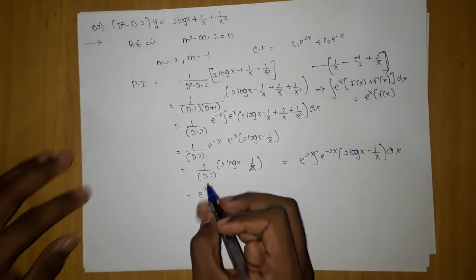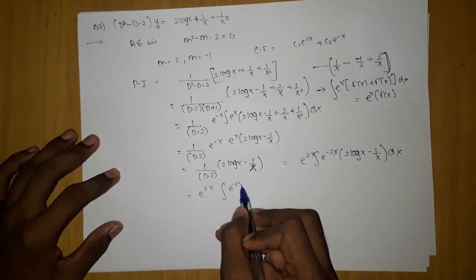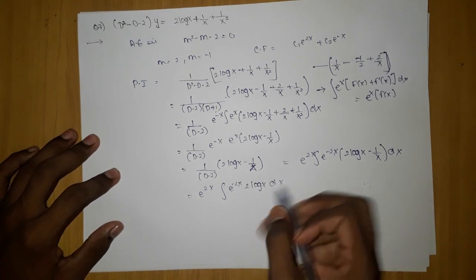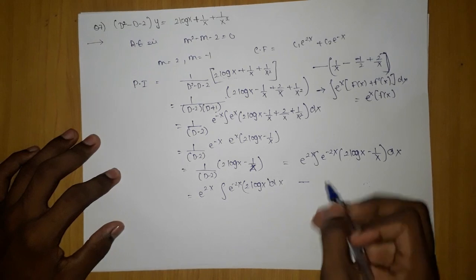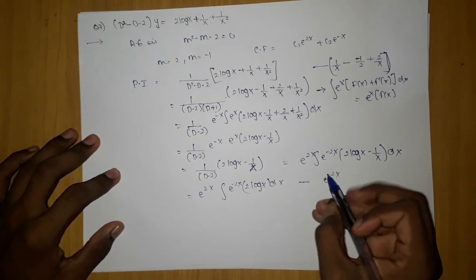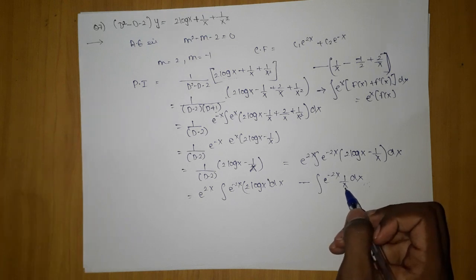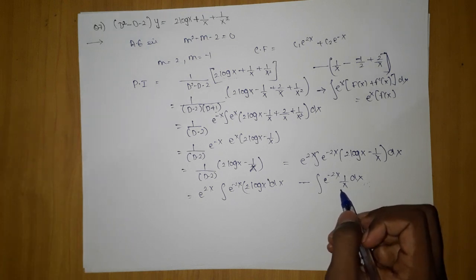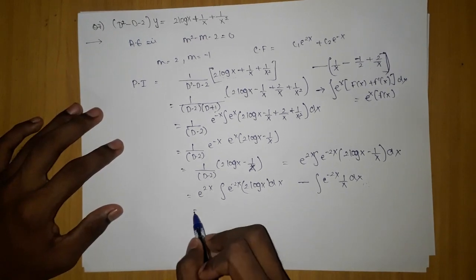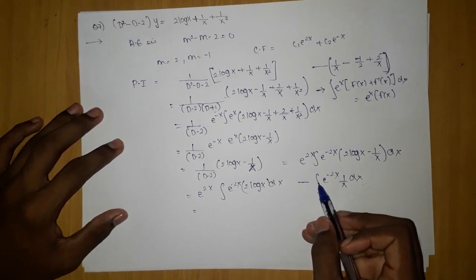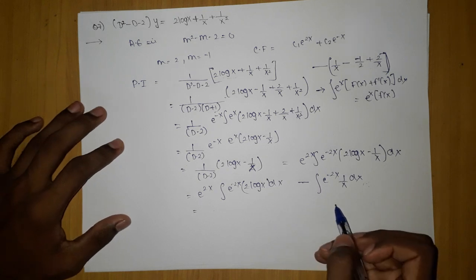Multiplying this, we get e to the power minus 2x into 2 log x into dx minus e to the power minus 2x integral 1 by x dx. If we integrate them, the product rule will be applied here and also here. Now let's solve them and get our answer.